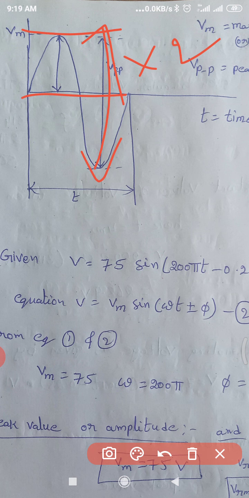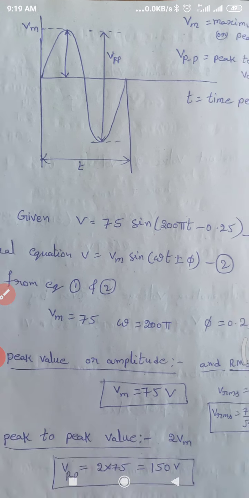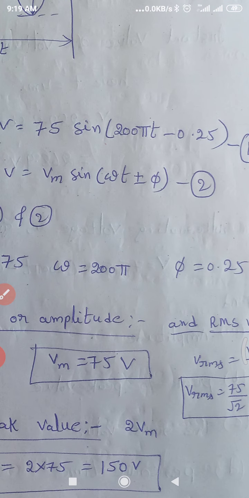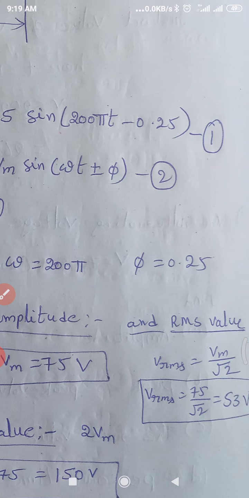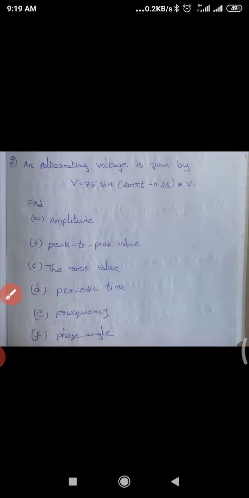We get the peak to peak value by multiplying Vm by 2, since we get the negative peak in the same way as the positive peak. That's why we get 2 into 75, that is equal to 150 volts. Next, RMS value. In the previous problem we already solved how to calculate the RMS value, that means Vm by root 2, that means 75 by root 2 is equal to 53 volts. This is the RMS value.